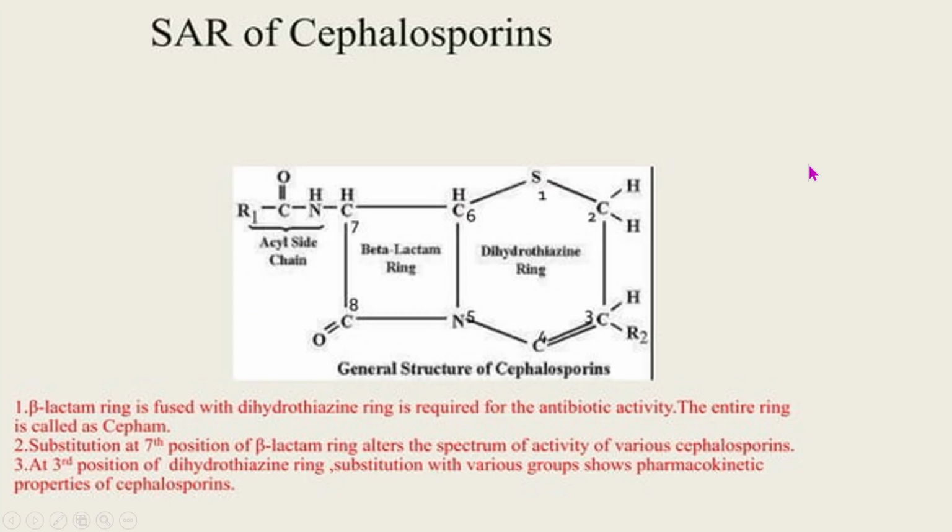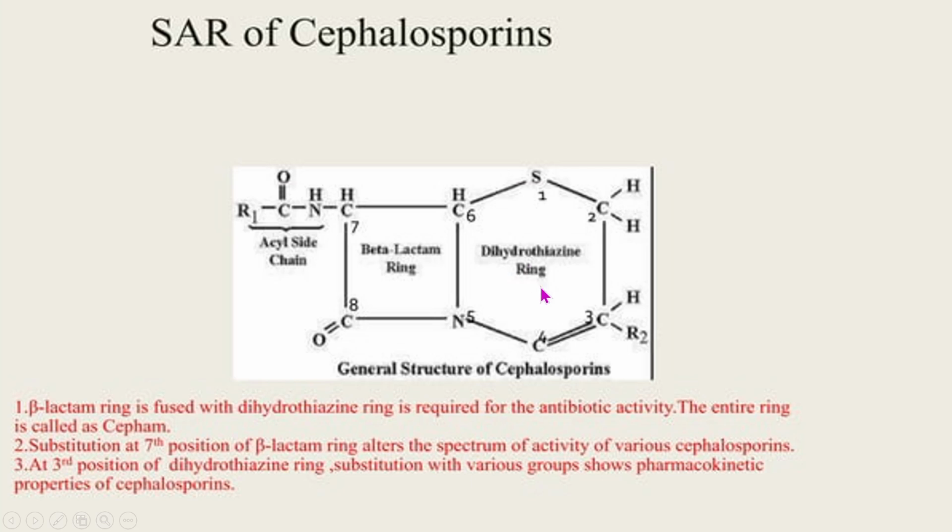Now we are moving towards the structure activity relationship of cephalosporin, and the detailed discussion about its structure. Already in the first slide we discussed that cephalosporins are drugs containing a 4-membered beta-lactam ring fused with the 6-membered thiazine ring containing sulfur and nitrogen heteroatoms in its structure. We have assigned sulfur number 1, the lowest possible number, to the heteroatom sulfur.